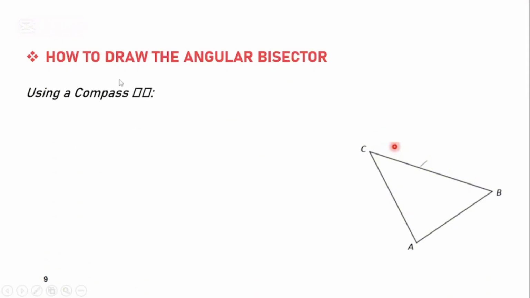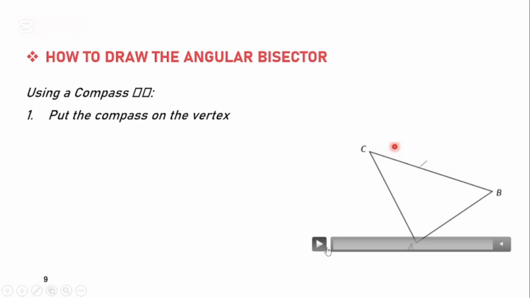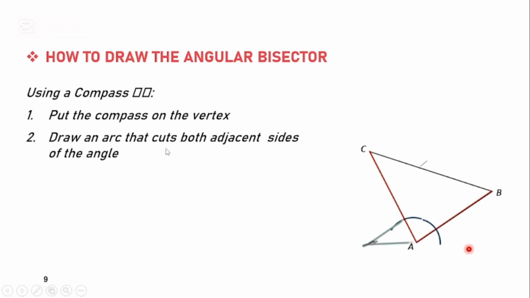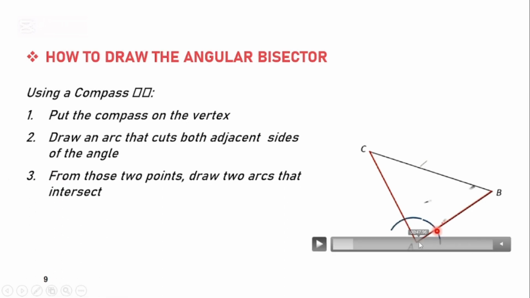So using compass, if we want to draw angular bisector for angle A, first we put the compass on angle A. We draw an arc that cuts both adjacent sides, which are AC and AB of the angle, and from these points draw 2 arcs that intersect.